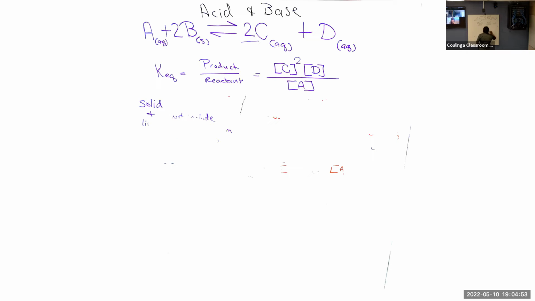Now let's assume that we have this reaction up top: A plus 2B yields 2C plus D, right? Now I have another reaction that basically removes D. So it takes D away.